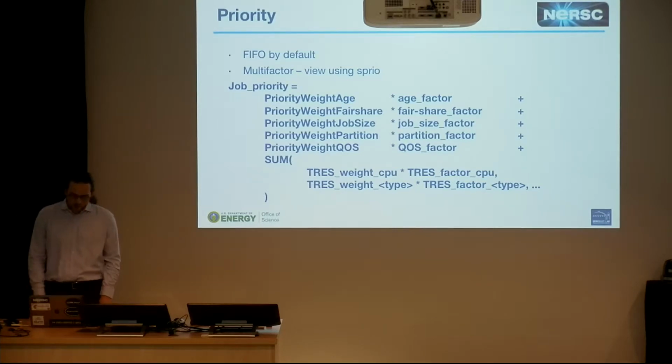As we see here, age is factored in, fair share is factored in, and if you want, job size, partition, constraints, and the quality of service, which is usually turned off, I guess. The TRES, the trackable resources, you can factor those in as well, if you'd like.